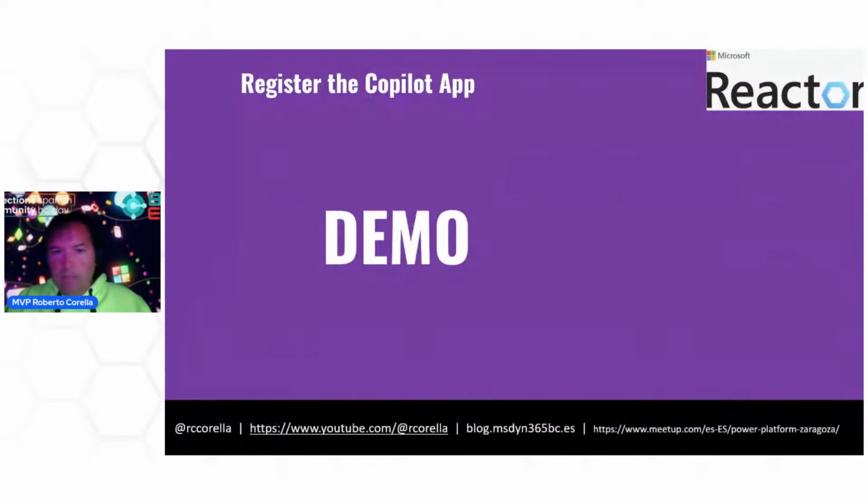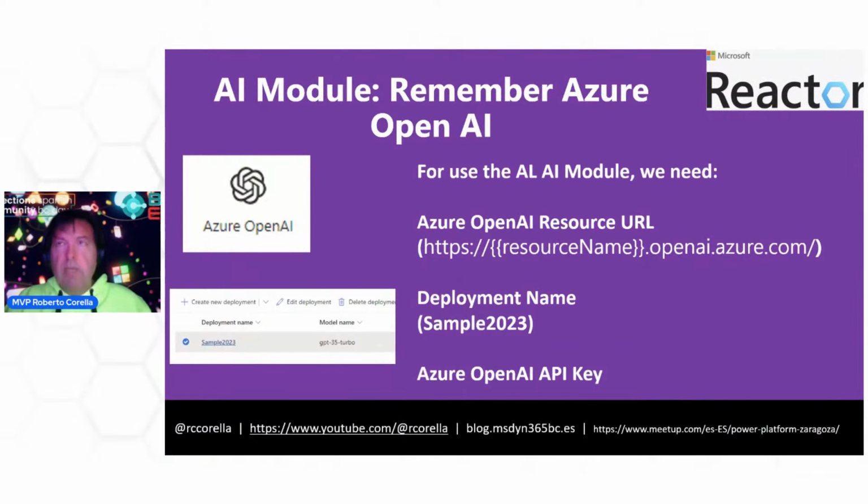We are finishing, but the more important thing is to go to Azure OpenAI. In this case, we need three things here. We need the resource URL, the deployment name, and the API key, right?